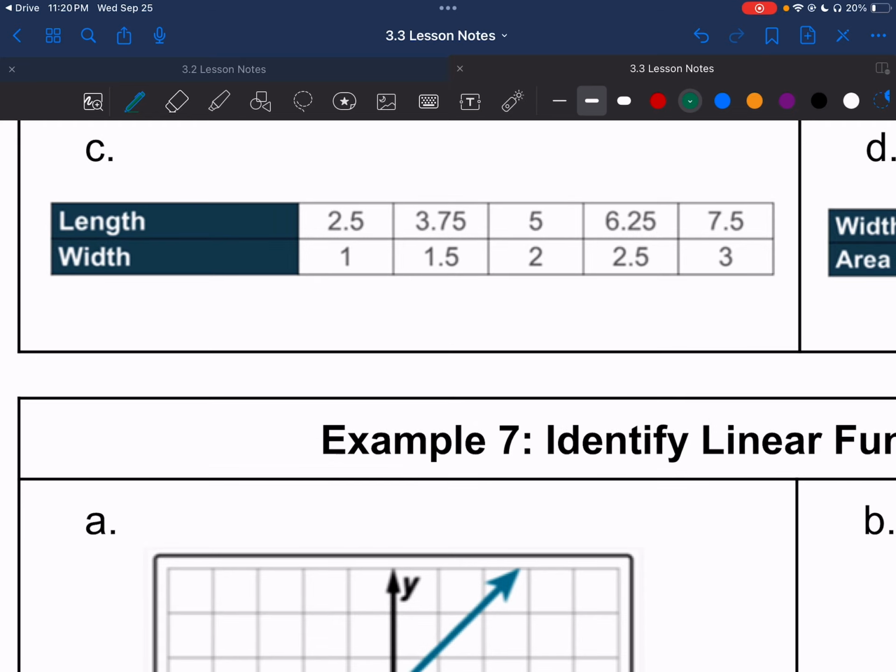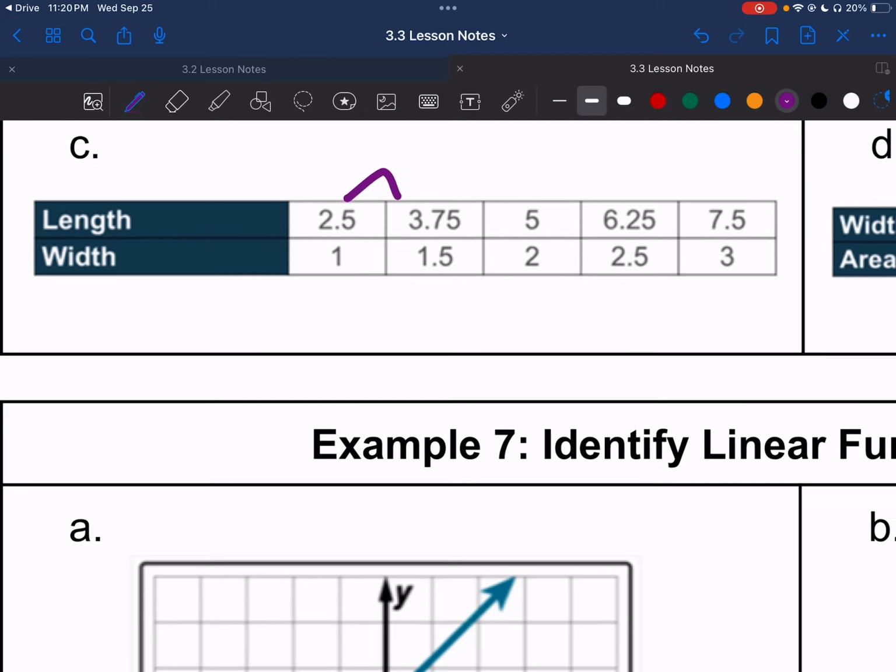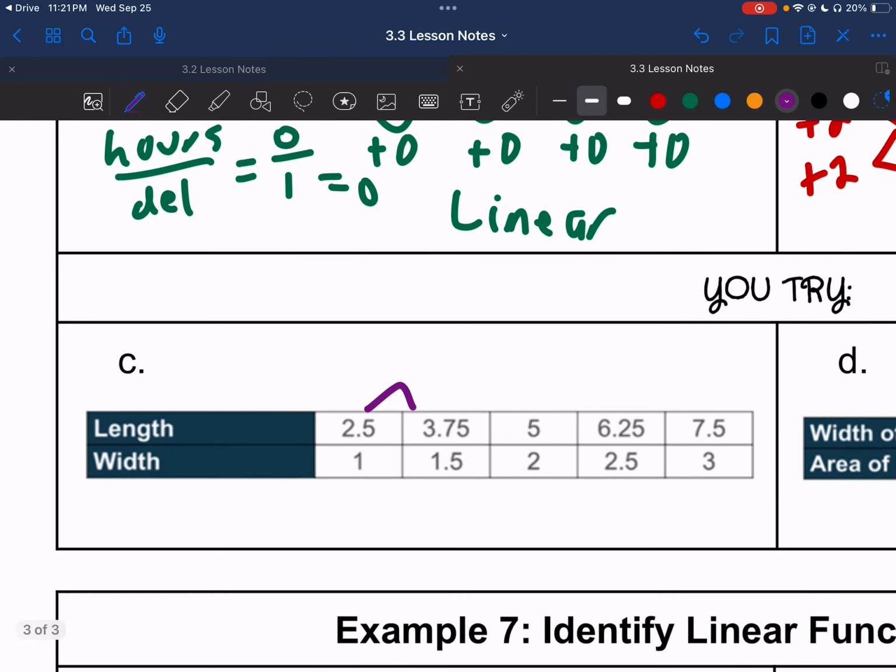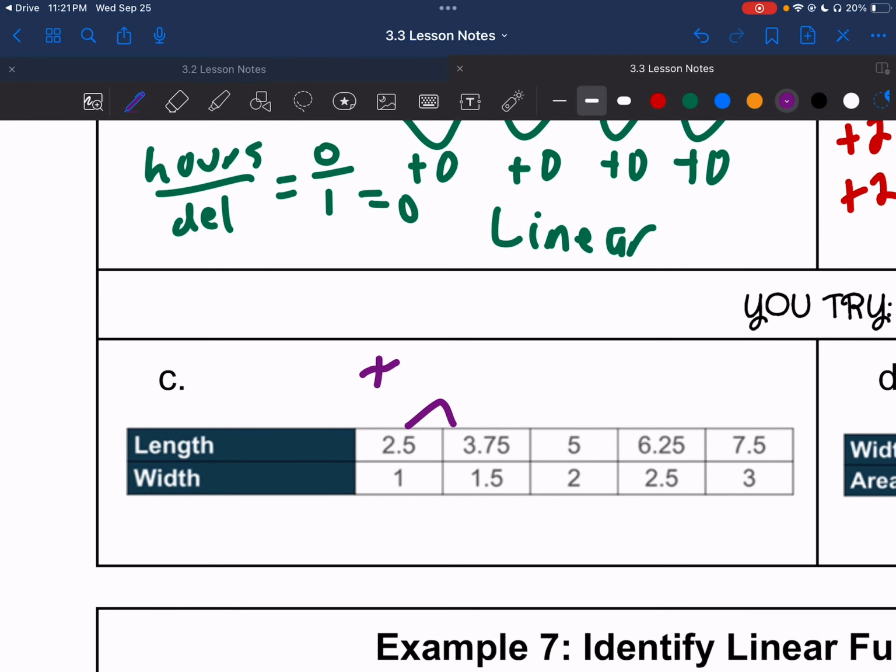All right, letter C. We have the length and the width of a shape of some sort. And so from 2.5 to 3.75, we're adding 1.25. From 3.75 to 5, we're adding 1.25. Same thing here.